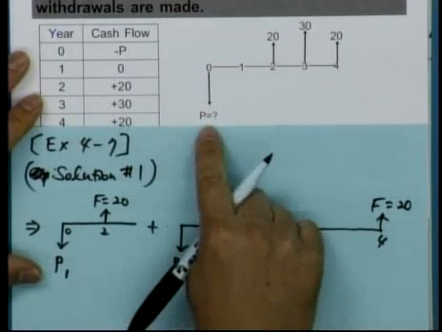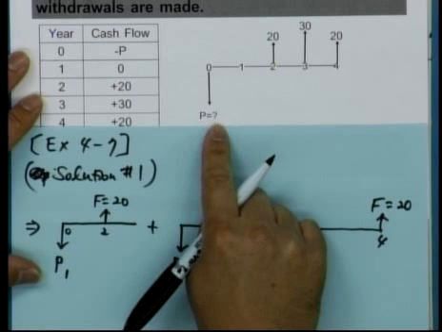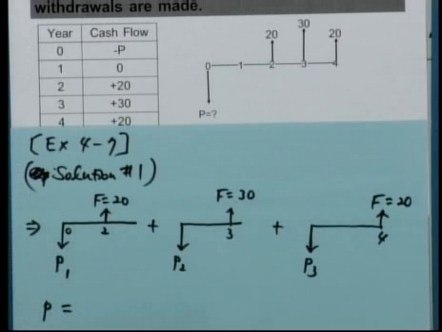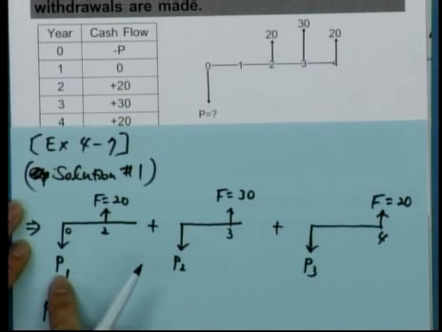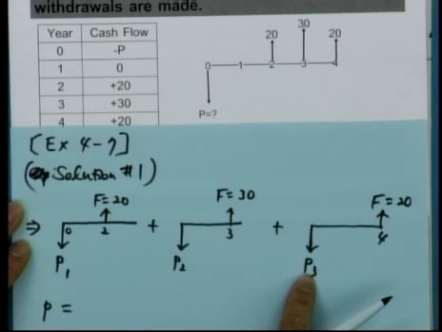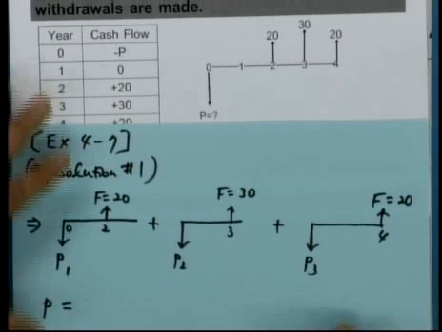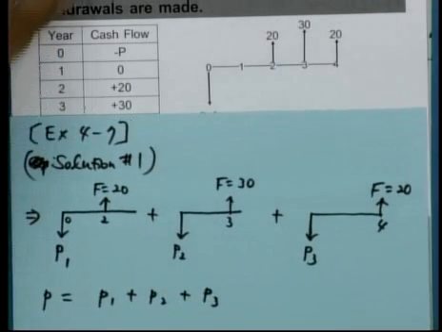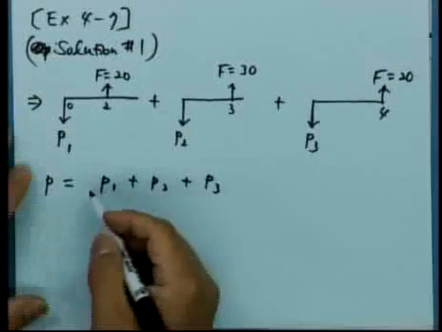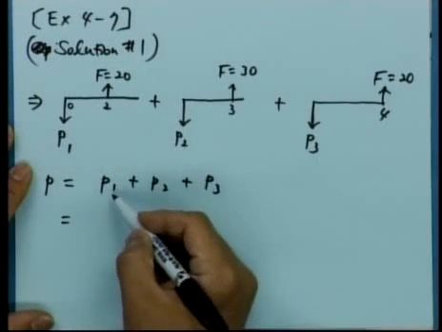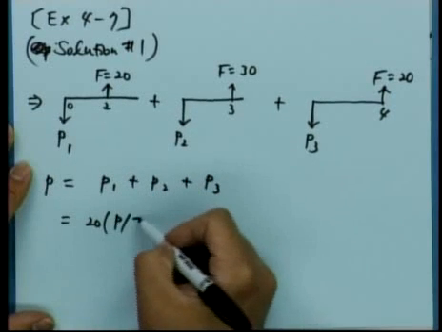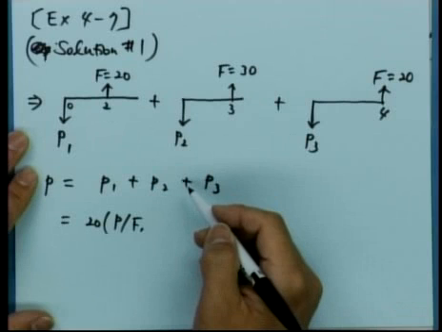So in order to get this original present sum of P, you need to combine all these 3 values, P1, P2, P3. Okay? So P1 plus P2 plus P3. And how do you get P1? It's going to be 20 times P given F and interest rate.